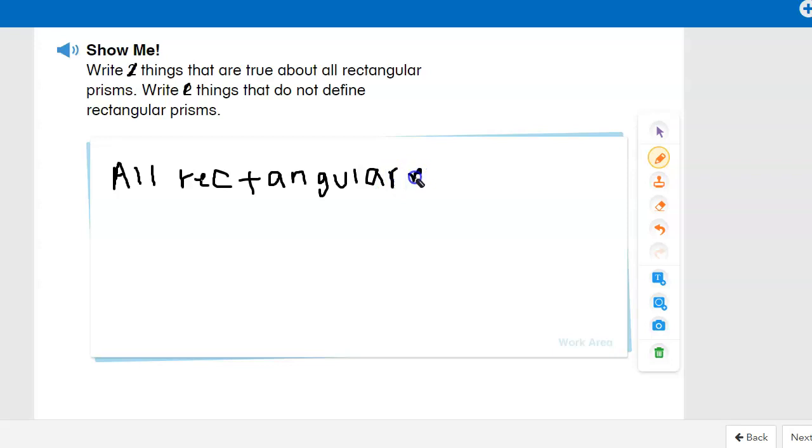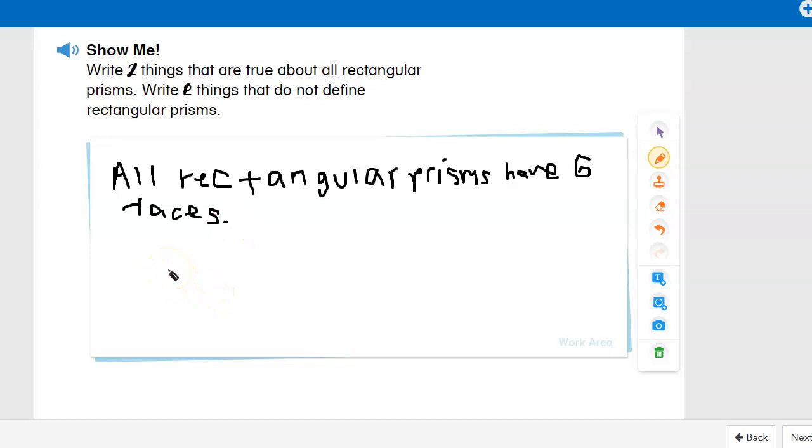So all rectangular prisms have six faces. Okay, that will have to do. I'm sorry it's not as pretty as it should be, but you all know why.